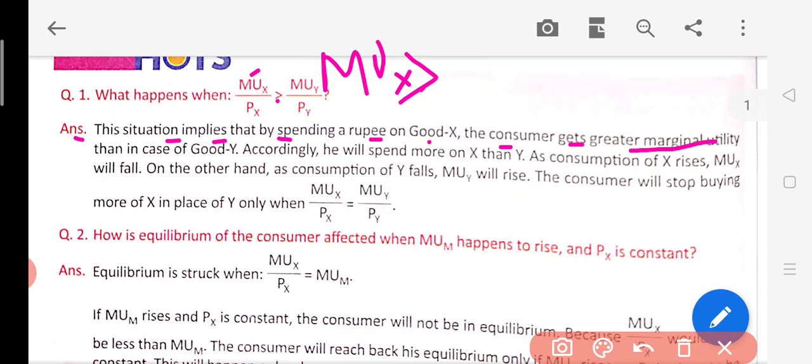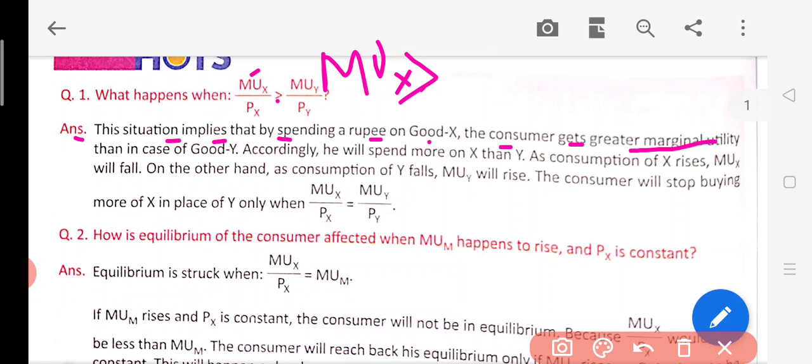The side at which this arrow is open, like here it is open at the side of MUX, write in your answer that the consumer is going to spend money on that particular X good, X commodity, and purchase it, because the law of diminishing marginal utility applies.